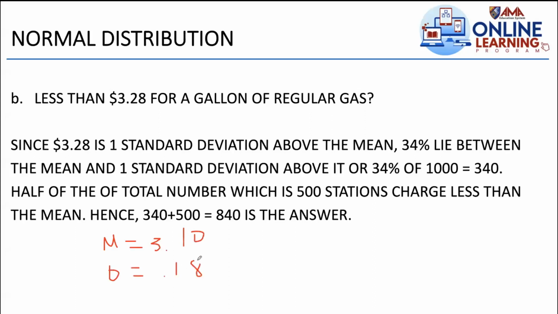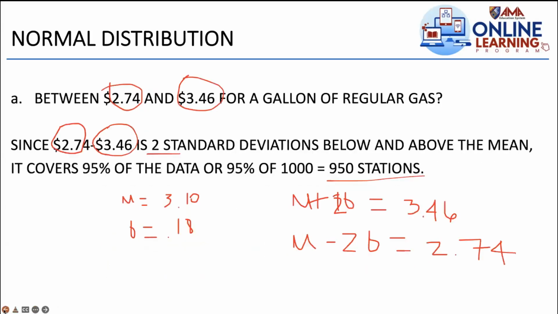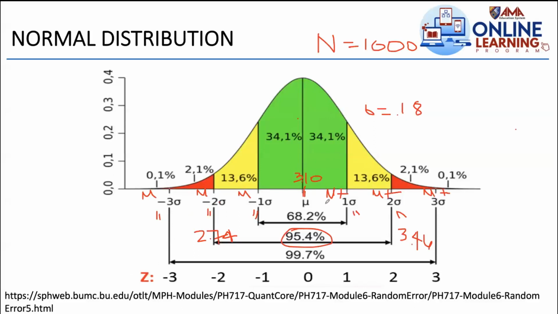So when you say 3.28 is 1 standard deviation, it's mu plus 1 standard deviation, meaning above the mean; if it's below the mean, minus. So 1 standard deviation above is 3.10 plus 0.18, which is 3.28. You notice 3.28 is the same thing here. Going back to the graph, we know already that mu plus 1 sigma is 3.28. So this one here is 3.28.